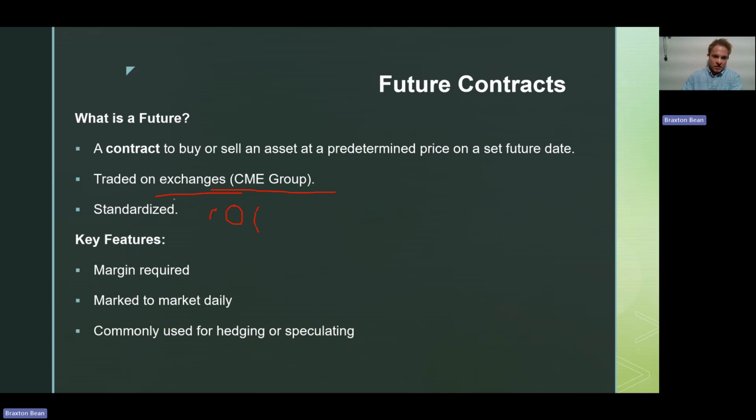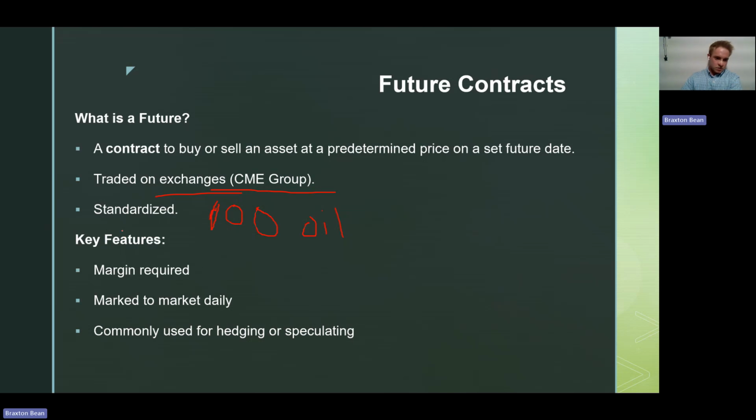So, for example, you can buy 100 barrels of oil, and they always end on the Friday of that trading week. So I could buy a contract that ends next week for 100 barrels of oil at this set price for next week on Friday. So set price, set date.